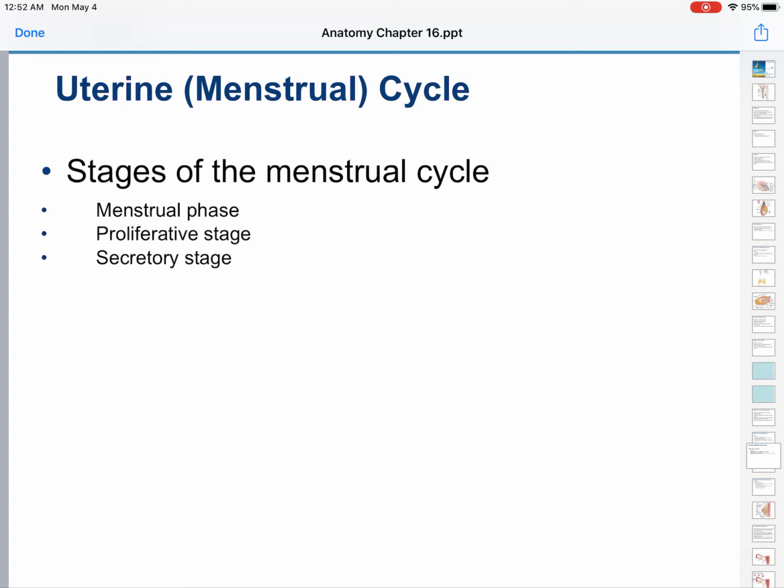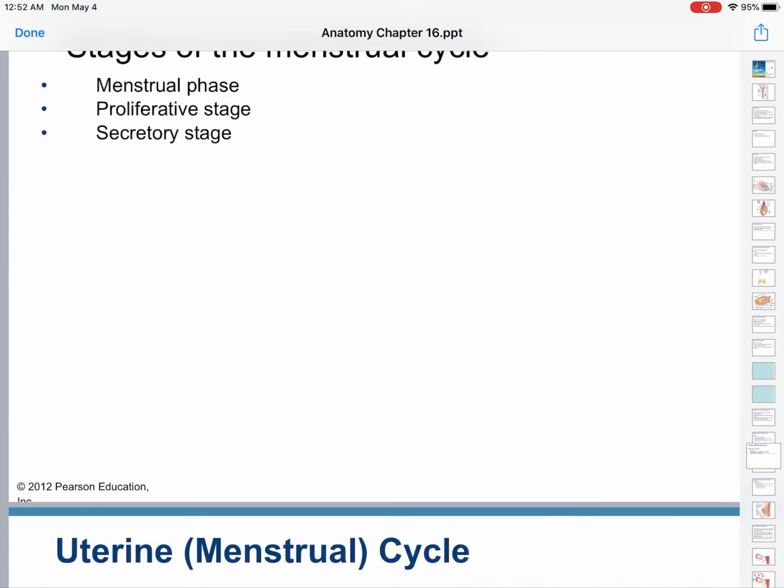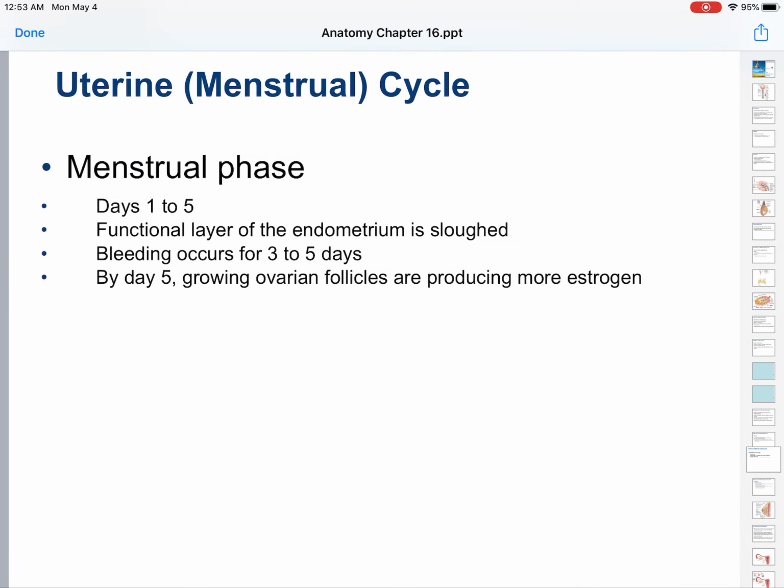The menstrual cycle has three distinct phases: the menstrual phase, the proliferative stage, and the secretory stage. The menstrual phase is days 1 through 5 of the menstrual cycle.